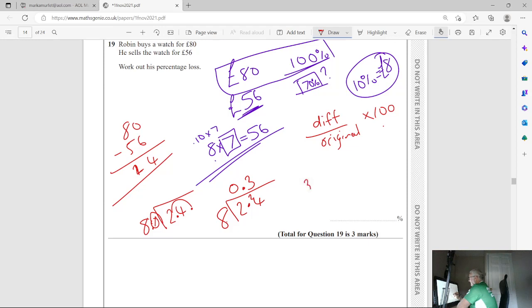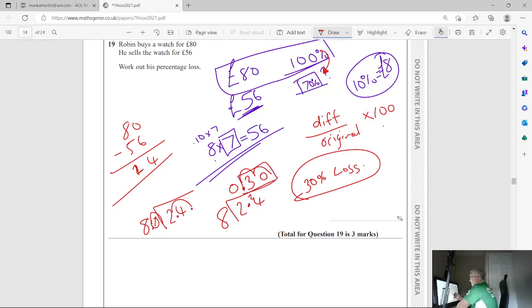And 30% is my percentage loss. I've dropped from 100% to 70%. My percentage loss is 30. If I times this by 100, that gives me 30%.